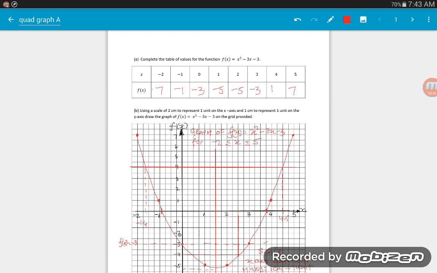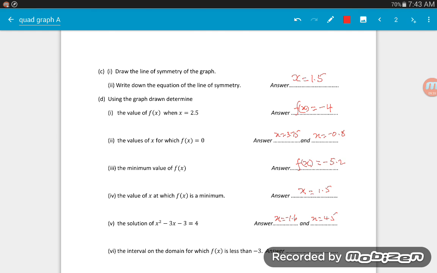So our interval is x greater than 0, less than 3.